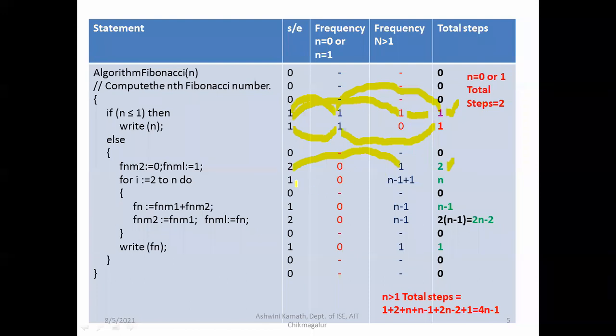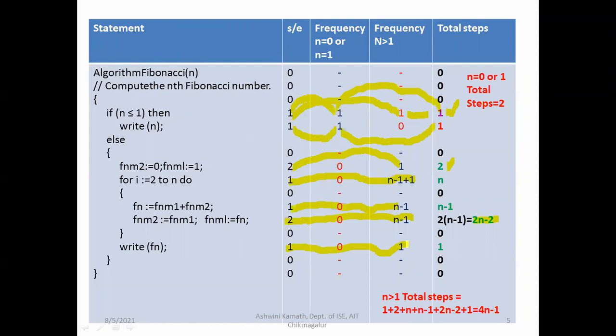Then 1 into n which is equal to n, then 1 into n minus 1, it's equal to n minus 1. 2 into n minus 1, it is 2n minus 2. Then 0 into 0, it is 0, then 1 into 1, it will be equal to 1.